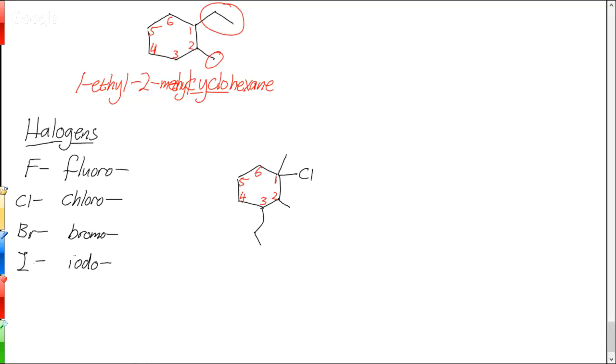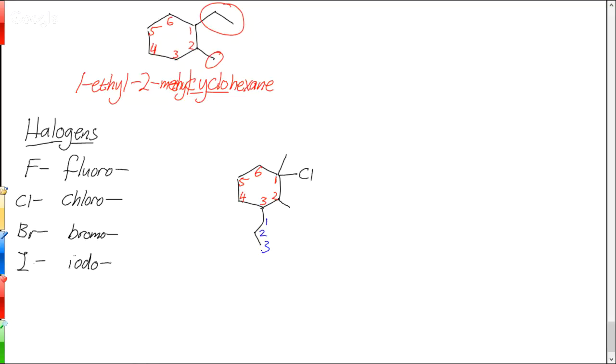There are 4 substituents on this ring: a methyl on 1 and a chloro on 1, a methyl on 2, and a propyl on 3. Propyl being 3 carbons, because we got 1, 2, 3.